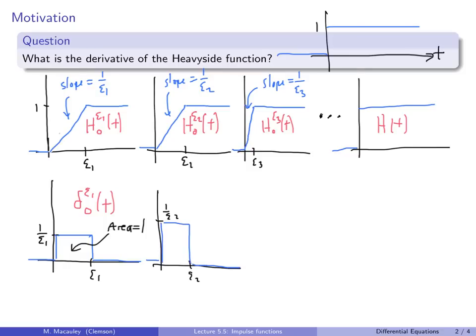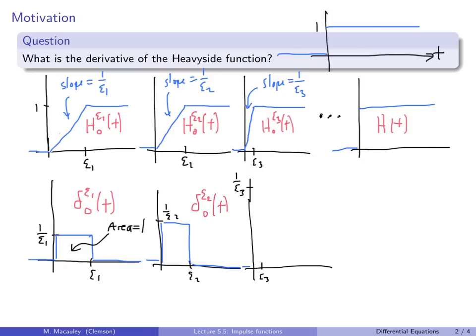Again, the slope is a constant 1 over epsilon 2 in this interval, and it's 0 elsewhere. So I'm going to call this function delta 0 epsilon 2 of t, and you see my naming convention. Let's do one more. So this is epsilon 3, and then this has to be way up here, 1 over epsilon 3.